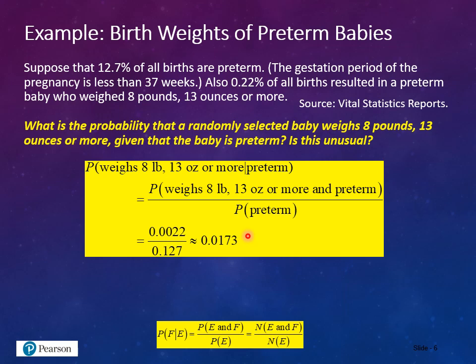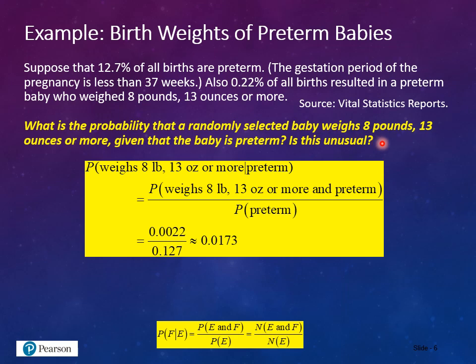Let me slow down. 0.0173 is equivalent to 1.7%. So 1.7% of all births are preterm with a baby that weighs more than 8 pounds.